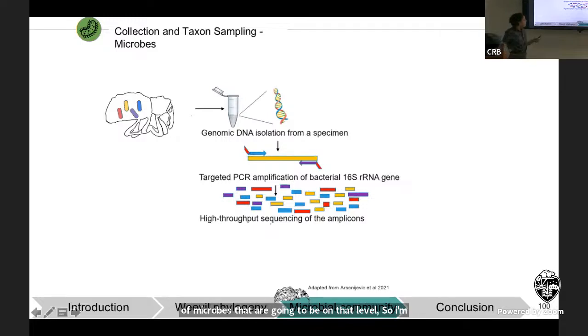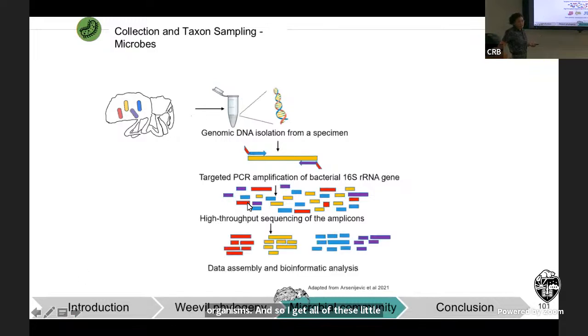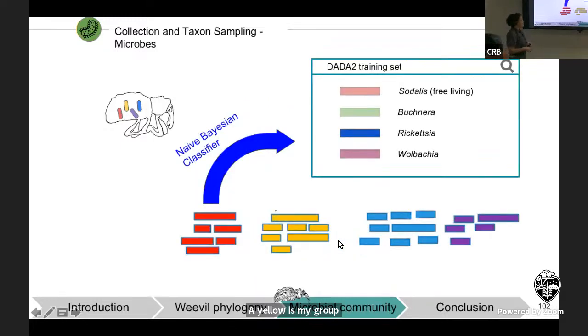And so I get all of these little 16S amplicons in return, and I have to do some bioinformatic magic to then assign all of these little snippets to a given organism. And so I'm going to say, oh, all of the little red small snippets are microbe A, yellow is microbe B, blue is microbe C, etc. And so I get all of my little clusters of 16S.